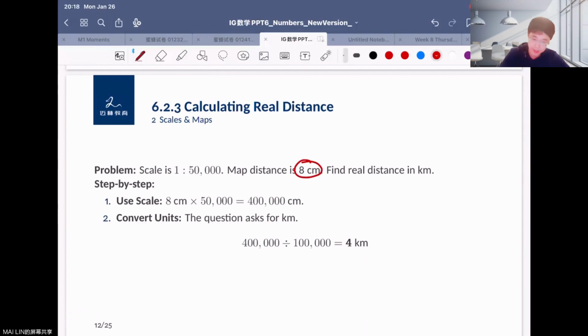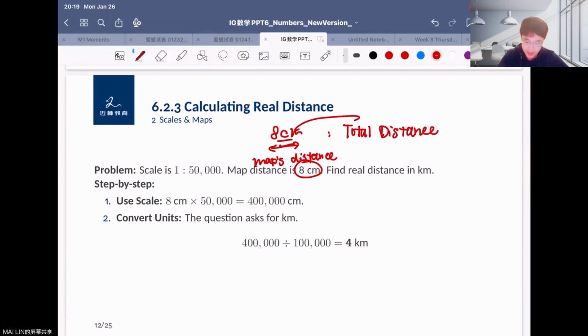Here 8 centimeters is the map distance, and we want the total real distance. 8 times 50,000 becomes 400,000 centimeters.